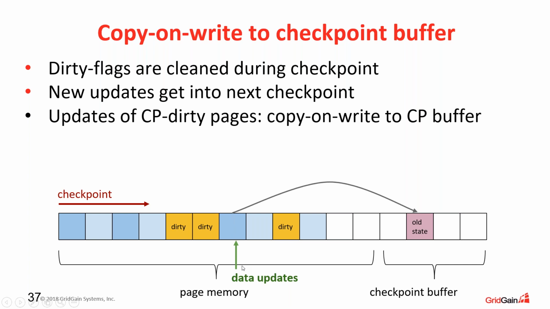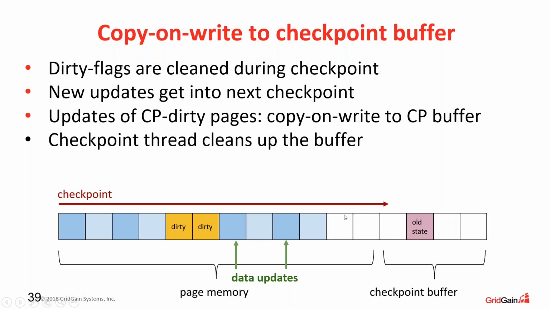Old state will live here and it writes over its new state. And checkpoint thread will take these old states into account. It will reach the checkpoint buffer and clean it. It will take a page from buffer, write it to the disk instead of the actual page. And at the end of checkpoints, the checkpoint buffer will be completely clean.